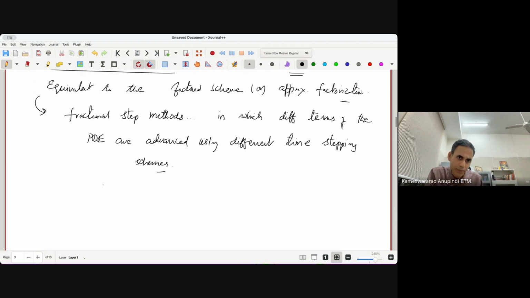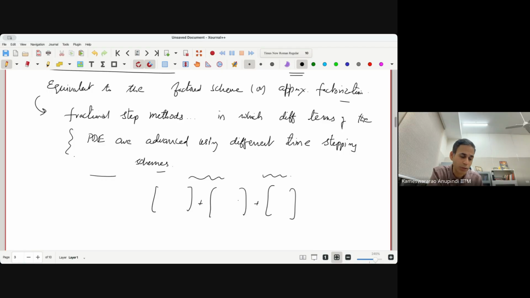That means this is very much used in numerical solution of PDEs. Let us say you take a general PDE that applies to fluid flow, let's say the Navier-Stokes equations and so on. You have several terms. Now you may choose to pick one particular discretization for certain terms and then something else for the other terms.